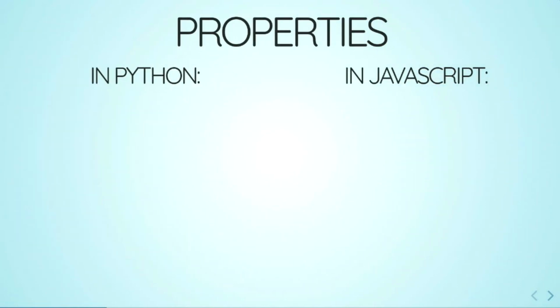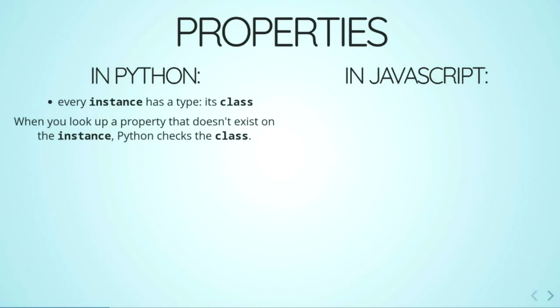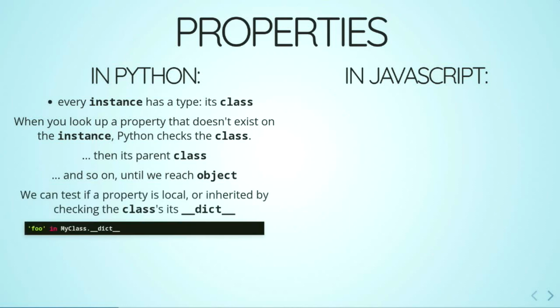Next is properties or attributes on our objects. In Python, every instance has a type, which is its class, and when you look up a property that doesn't exist on your instance, Python will then go look it up on your class, and then its parent class, and so on until we reach object, at which point we say, oh, you haven't got one.